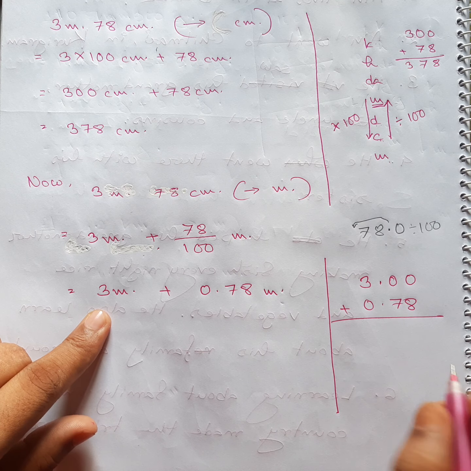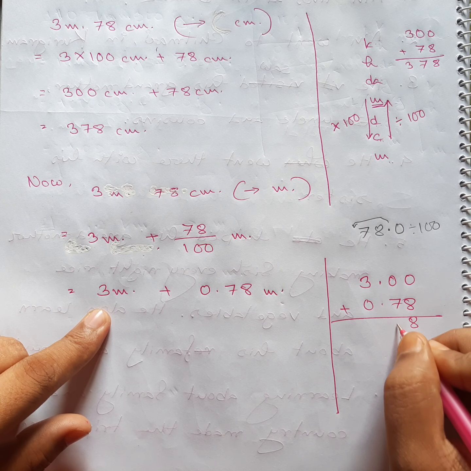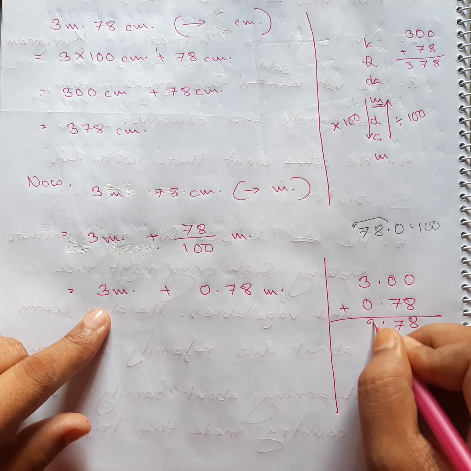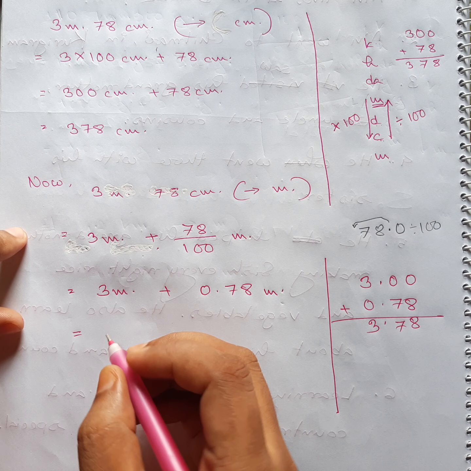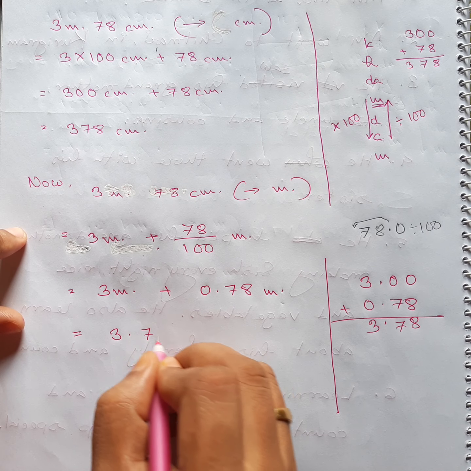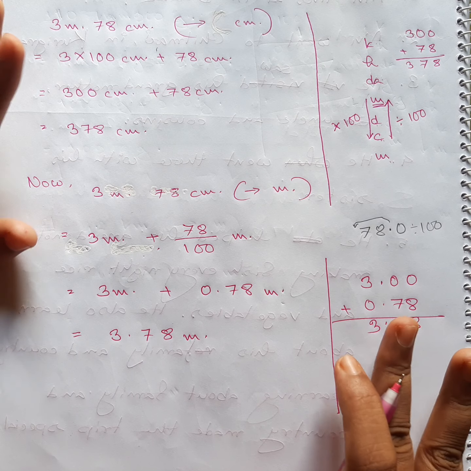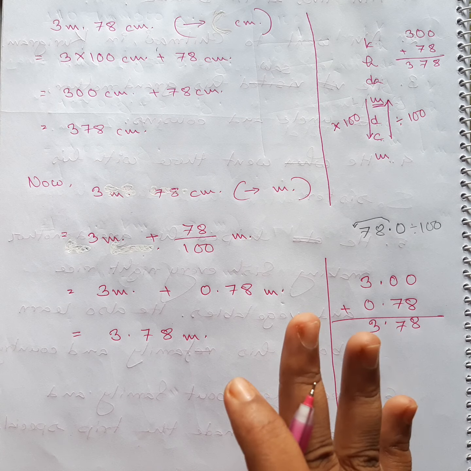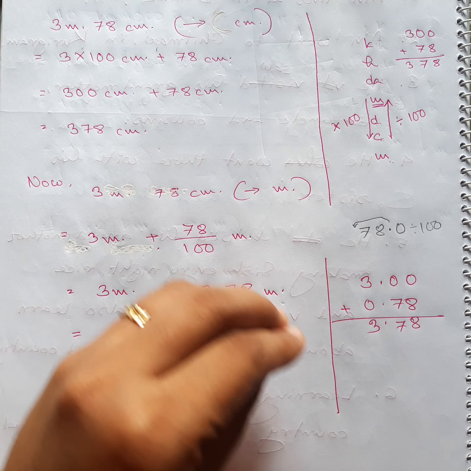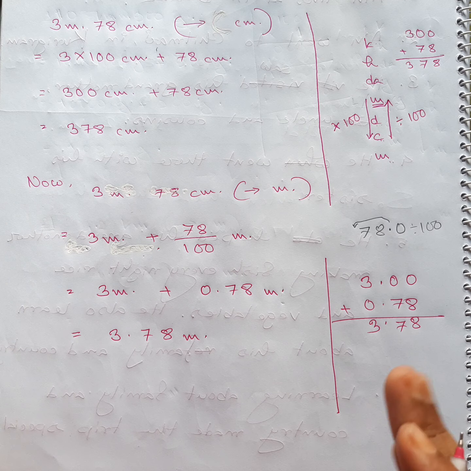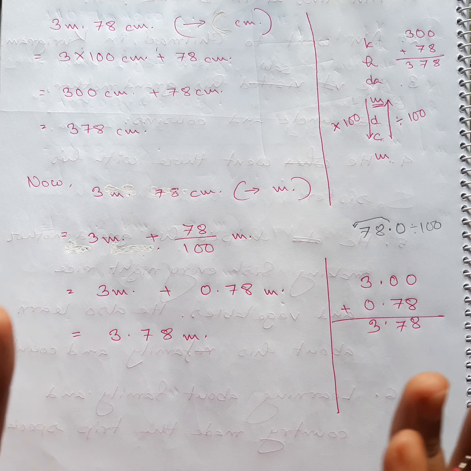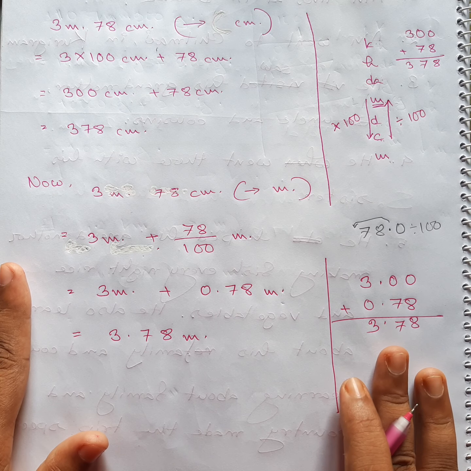If there is nothing, it means there is 0. So just add it like this. Don't worry, when you go through the decimal chapter, if there is something you don't understand a little bit, you will understand fully. So just keep patience and keep doing the math.